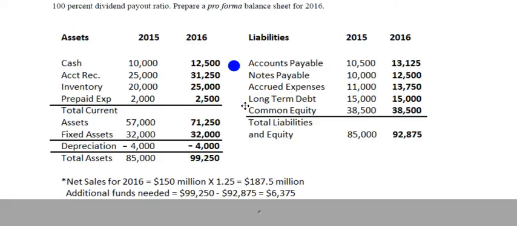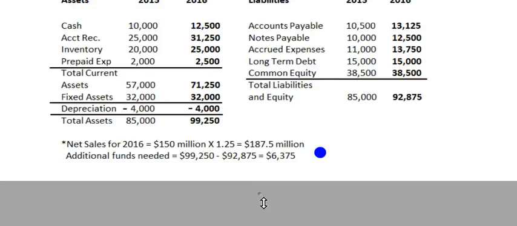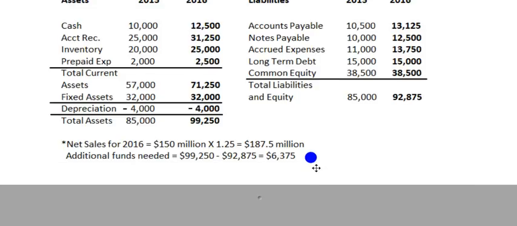But in general, if you're going to stick with these projections, you're going to have to figure out a way to pay for it over here, and typically that's with borrowing funds, in order to add to our liabilities, so that they will make up for this $6,375 amount that we would call additional funds needed.